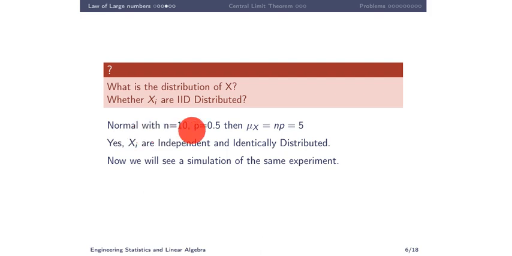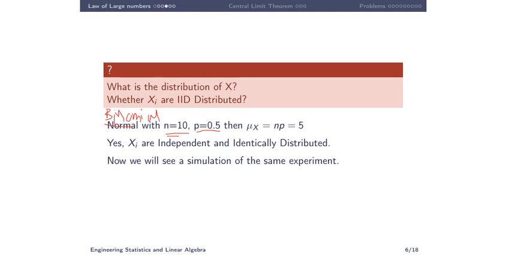We know that this is a binomial distribution with n equal to 10, the number of observations given. Tossing the coin means there is a success or failure, so p is equal to 0.5. This is repeated n times, so n is equal to 10.